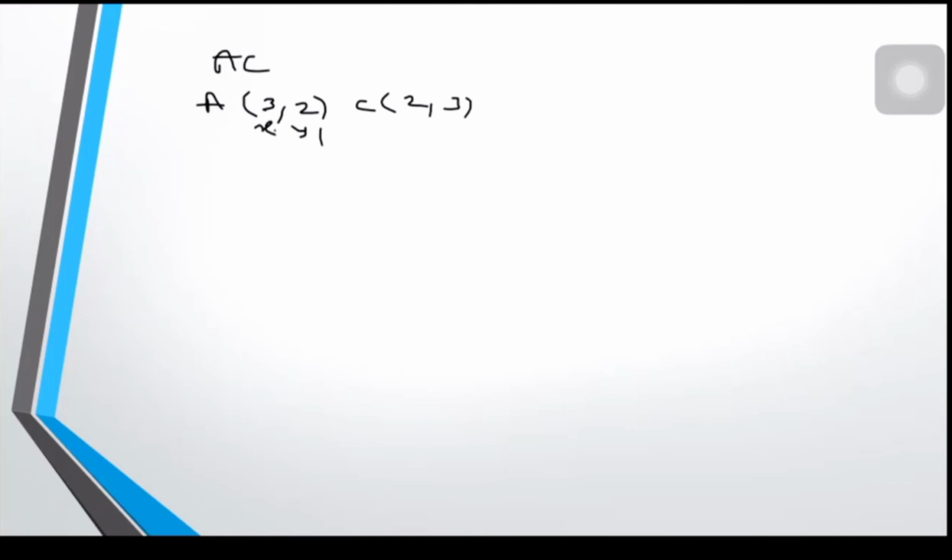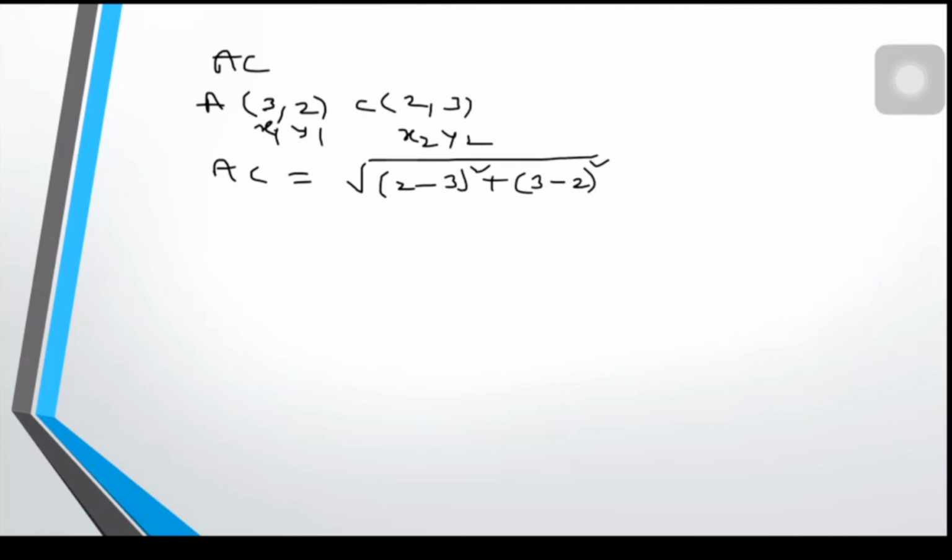Now AC distance: root of (x2 minus x1) whole square, (2 minus 3) whole square, plus (3 minus 2) whole square. (2 minus 3) is minus 1 whole square, plus 3 minus 2, 1 square. Root of 1 square plus 1 square is root 2.